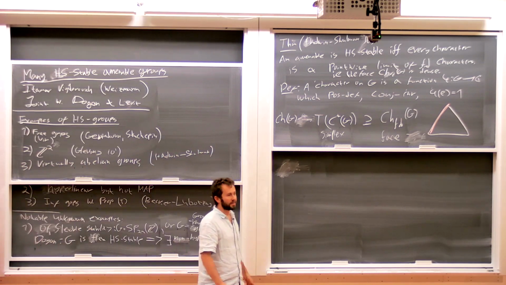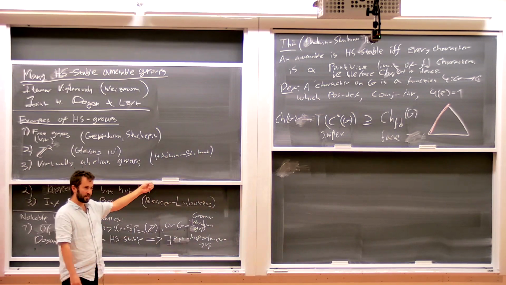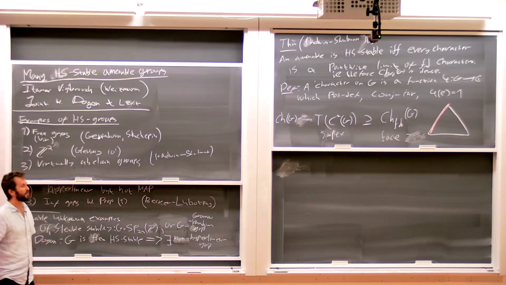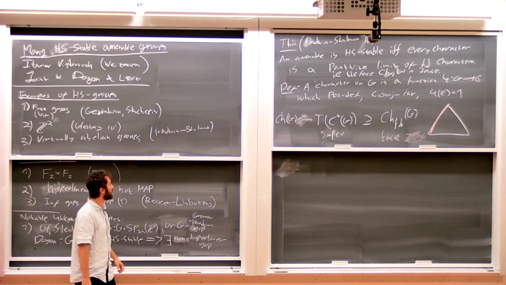Yes, the extreme ones, you're right. It's enough to show that extremal points can be approximated. But it's funny, because even if you take a finite group and try to show that finite groups are Hilbert-Schmidt stable, I'm not sure how to do it without going through this theory. But there should be, I think, a much easier proof.